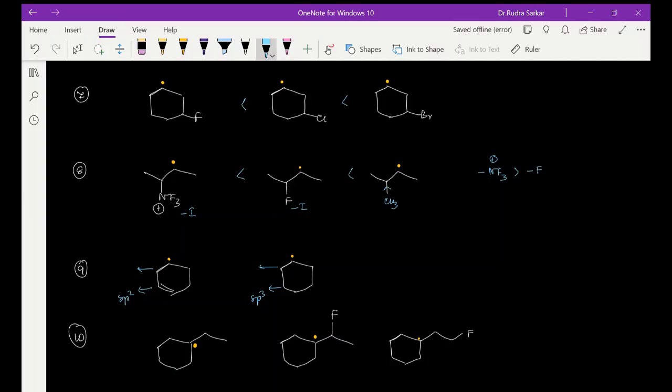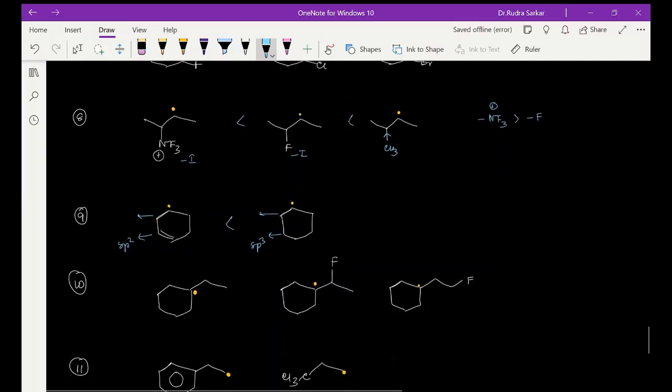So over here this will be more stable than the previous one. Out here, the presence of fluorine decreases the stability, and as it moves away the stability increases. Out here there is no fluorine, so this is the most stable, rather it is having plus I effect. So this is number 1, followed by this one which is number 2, and this one being number 3.